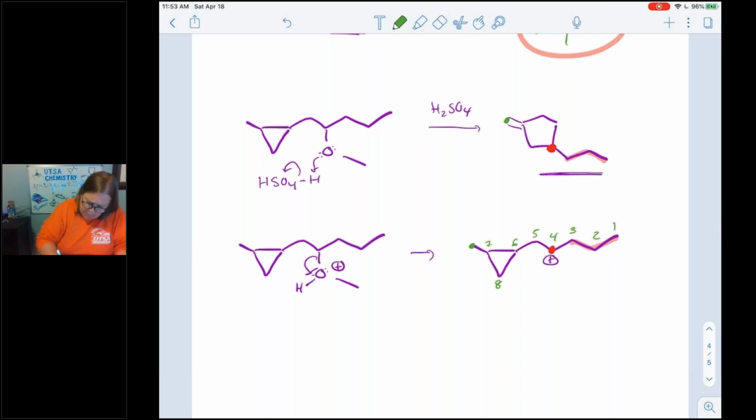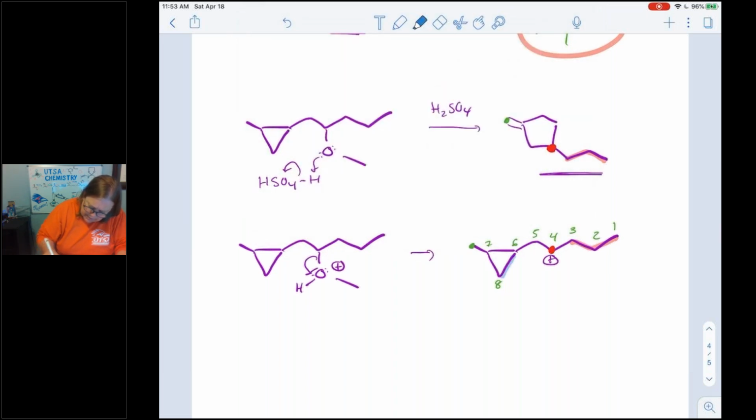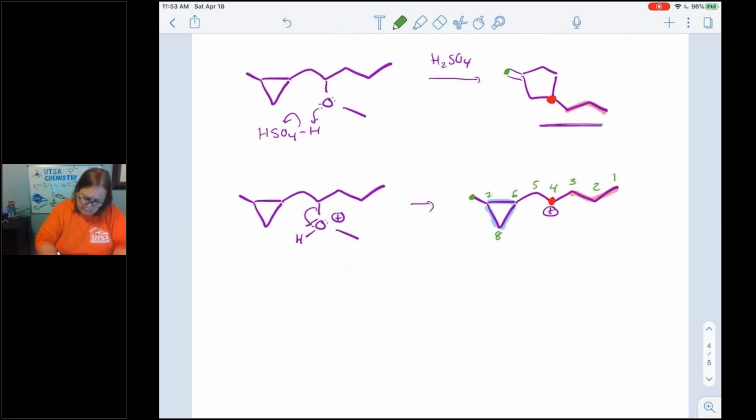So I'm going to break one of these 3 bonds: 6 and 8, 6 and 7, or 7 and 8. Which one of these bonds am I going to break? Count out: 1, 2, 3, 4, 5. If I break 6 and 8, that'll give me a 5-membered ring.